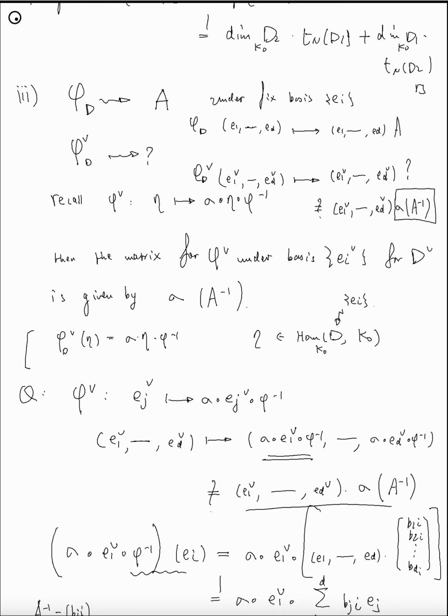And so it's enough to write down all those EJ du. This is telling you that this is the map for phi du.